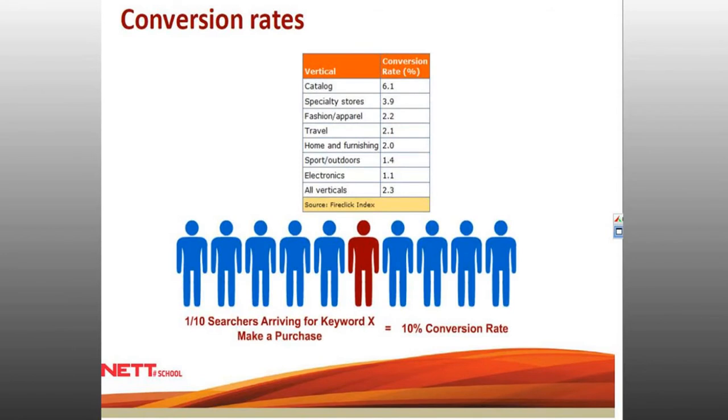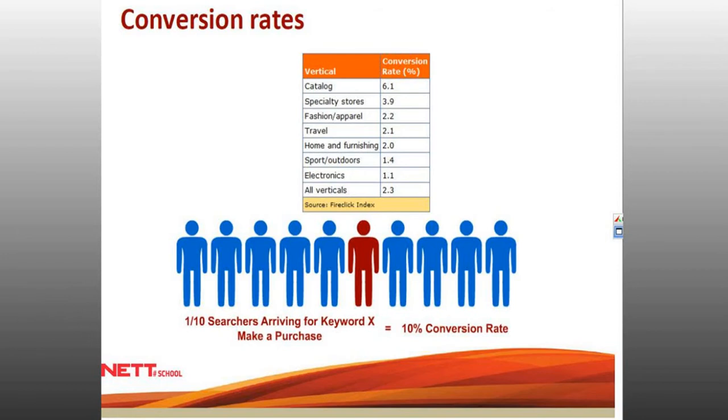What also is important to understand is that it's not necessarily true that every person who comes to your website is going to buy something from you or send you an inquiry, and it actually changes from industry to industry. If you're selling electronic items, the conversion rate is really low, because when someone is looking at electronic items, there are so many options, and it's all driven mainly by brand and price.